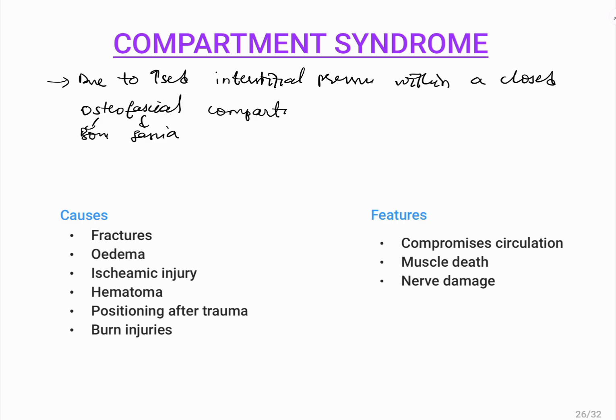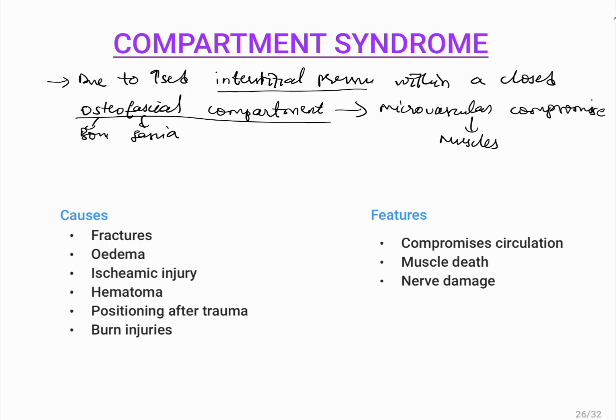Osteofascial compartment, which results in microvascular compromise, mainly to the muscles. Due to an interstitial pressure which is created in the osteofascial compartment, there will be compromise of microvascular supply to the muscles, which leads to a compartment syndrome.